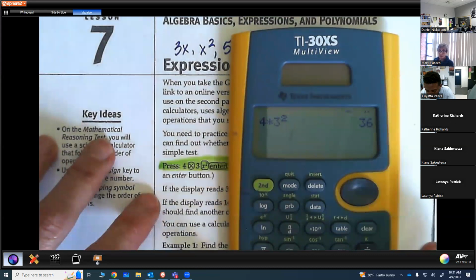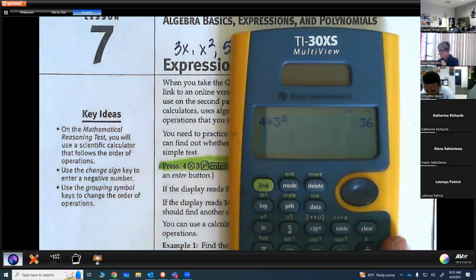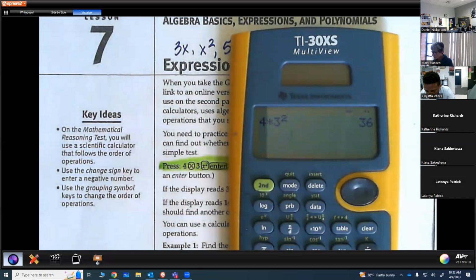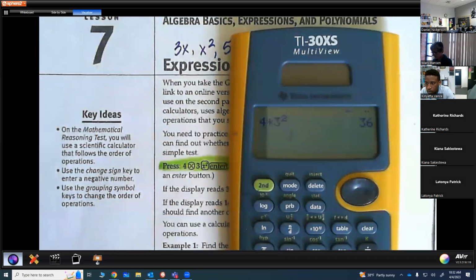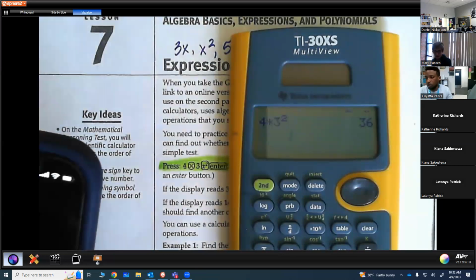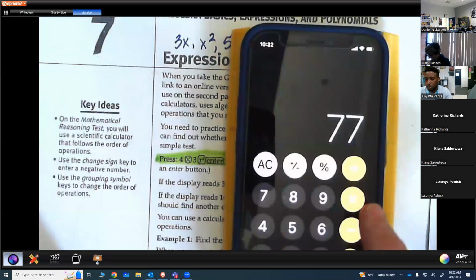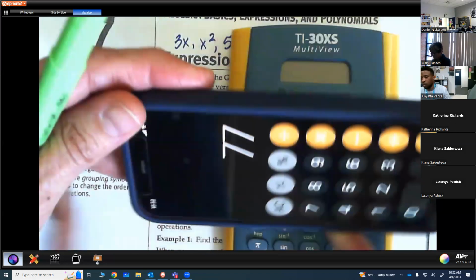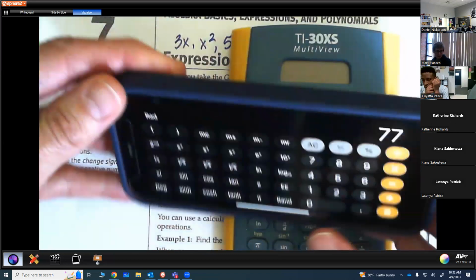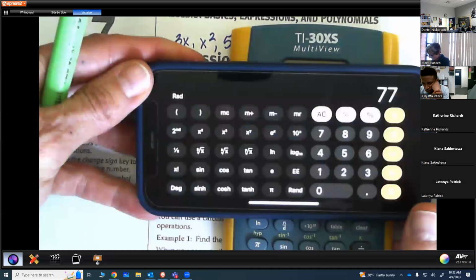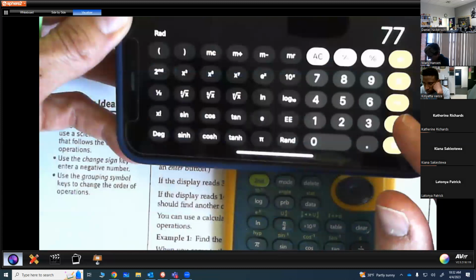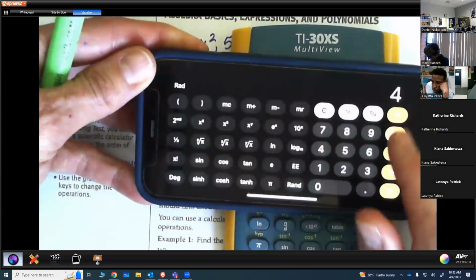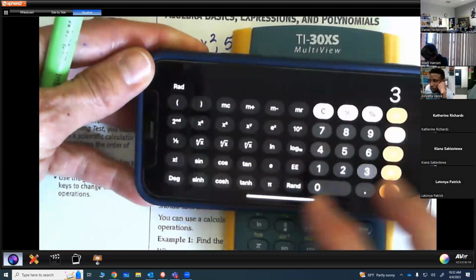If you're using the online calculator I just gave you the link for, you'll be fine as well. If you're trying to use your phone, if you turn the iPhone to the side, you get a scientific calculator. If I put in 4 times 3 squared.